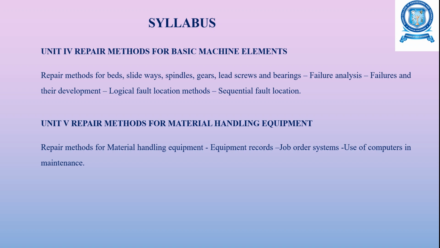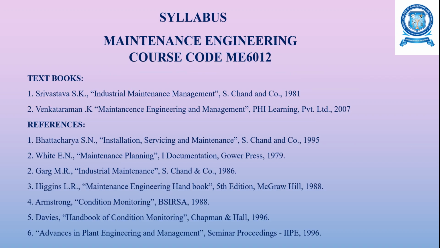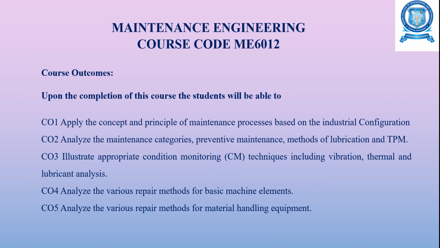And from Unit 5, repair methods for material handling equipments, we'll be studying about the repair methods for material handling equipments, equipment records, job order systems, and use of computers in maintenance. So these are all the textbooks and reference books for the maintenance engineering course.